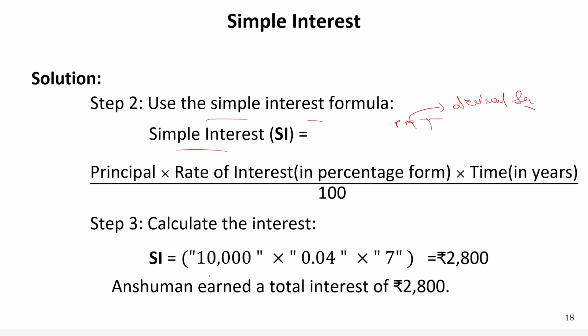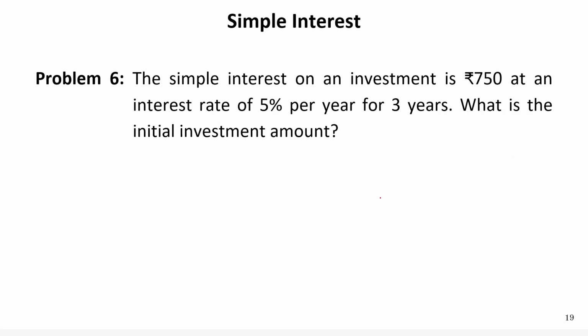So SI is equal to 10,000 into 0.04 into 7, that is equal to 2800. So Ansuman earned a total interest of 2800. We can also arrive at this solution via the other method. So any one of these methods can be used to calculate the simple interest.